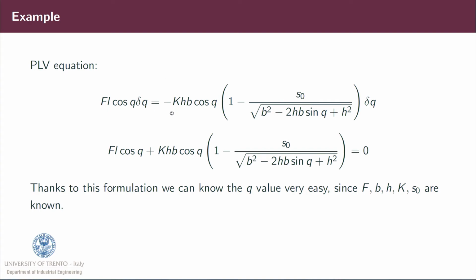Therefore, with the principle of virtual work, we can write down that F L cosine of Q delta Q is equal to minus K H B cosine of Q times (1 minus S0 over the square root of B squared minus 2HB sine of Q plus H squared) times delta Q. Since this equation must be true for all delta Q, we can simplify delta Q and write down that F L cosine of Q plus K H B cosine of Q times (1 minus S0 over the square root of B squared minus 2HB sine of Q plus H squared) is equal to 0.